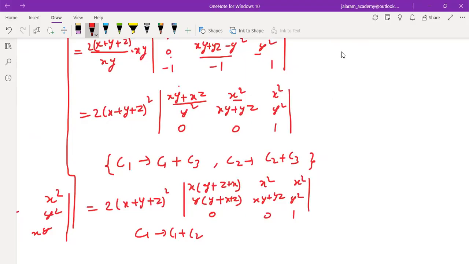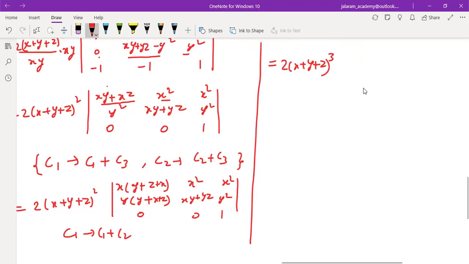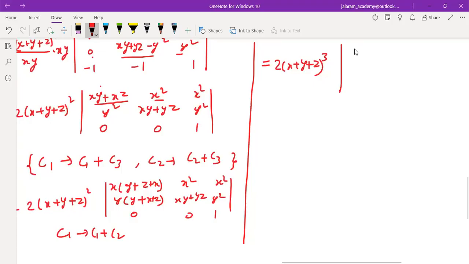So when we take x plus y plus z common from the first column, 2 into (x plus y plus z) whole square is already there. And when this x plus y plus z goes outside the bracket, it becomes 2 into (x plus y plus z) whole cube. So the first column becomes x, y, 0. In the second column, x square is there, xy plus yz, then 0.